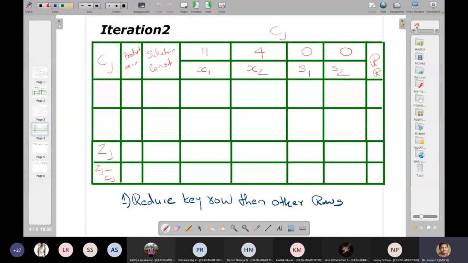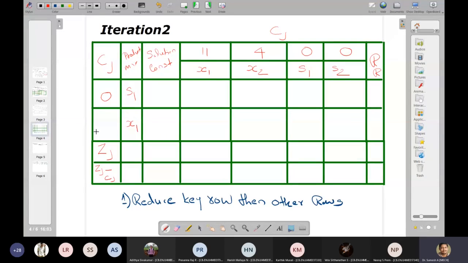S1 has a Cj value of 0, so that remains here. But X1 will have a Cj value of 11 as given in the question. So under the Cj column for X1, I have to write it as 11.